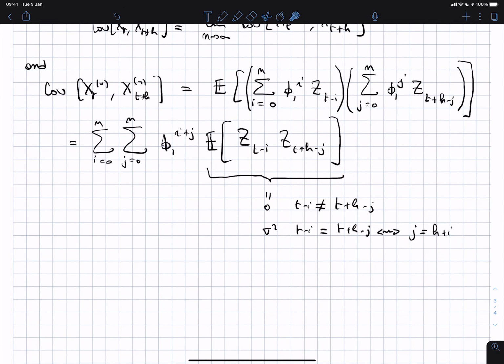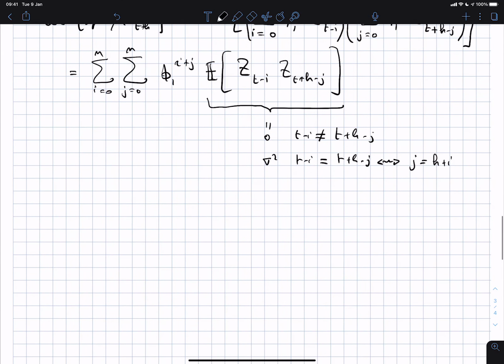And then if we just concentrate on j's which are equal to h plus i, we are left with, so it's not really a double sum, it's only a single sum, the sum for i going from 0 to n minus h, otherwise we have nothing to sum. Phi 1 to the power 2i plus h times sigma squared.